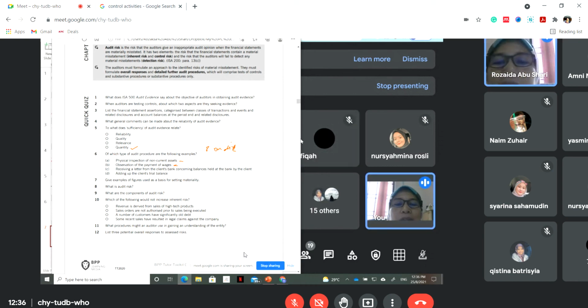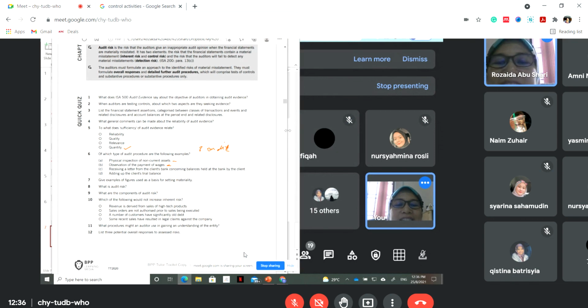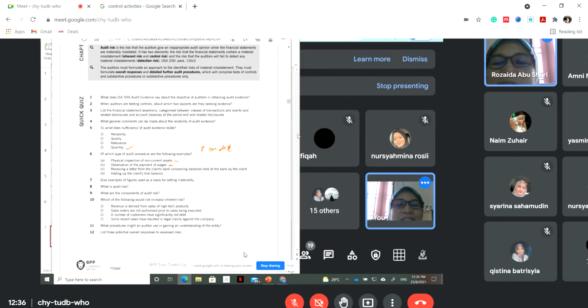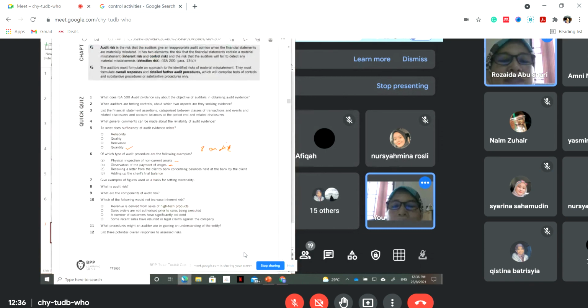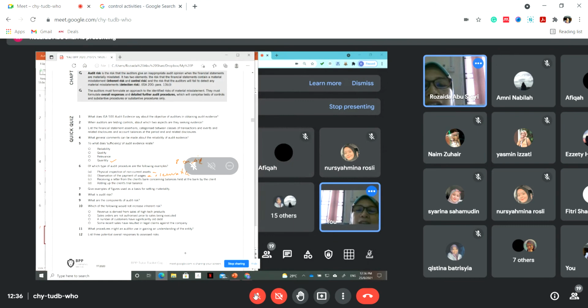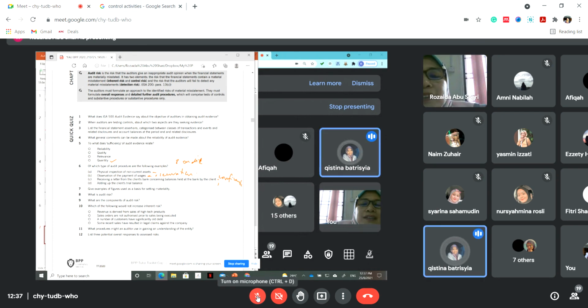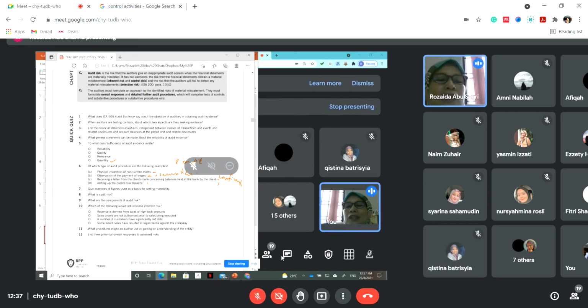Observation of payment of wages is observation. Okay, receiving a letter from the client's bank concerning balances held at the bank by the client? Confirmation. Yes, confirmation. Adding up the client's trial balance? Recalculation. Okay.